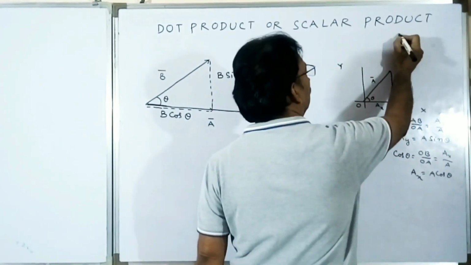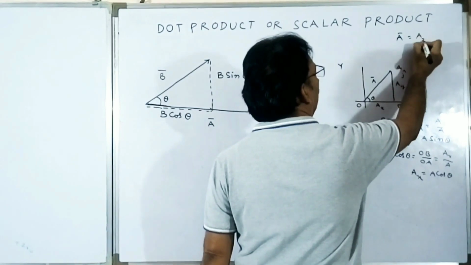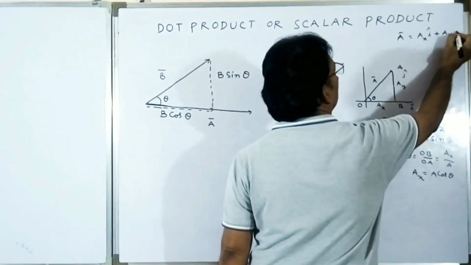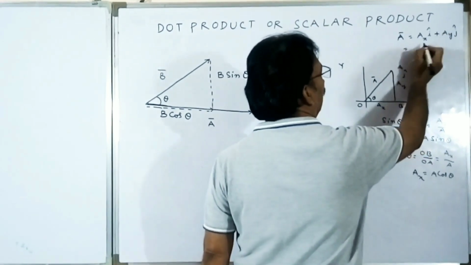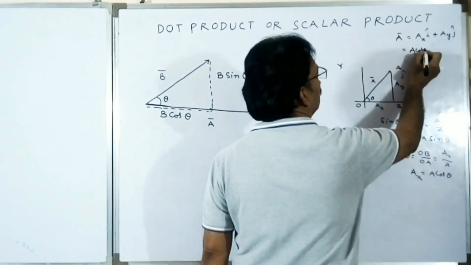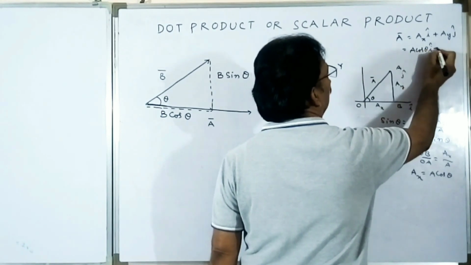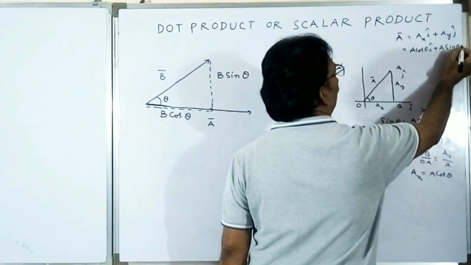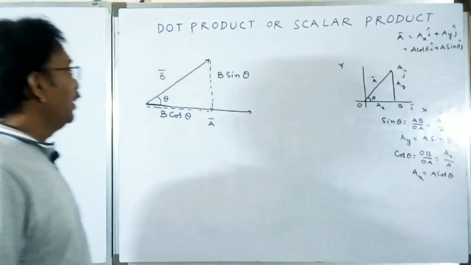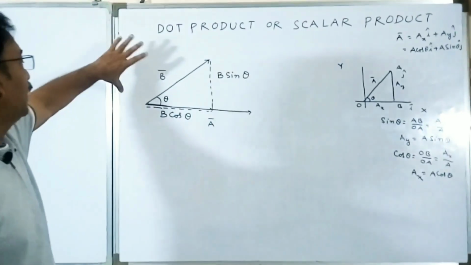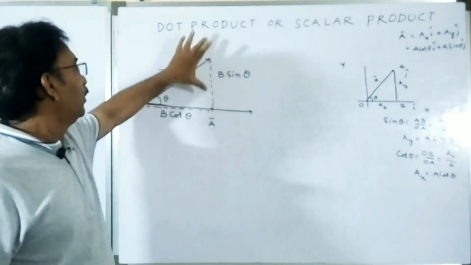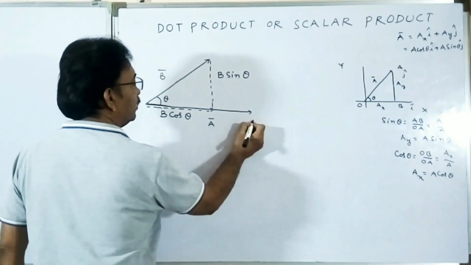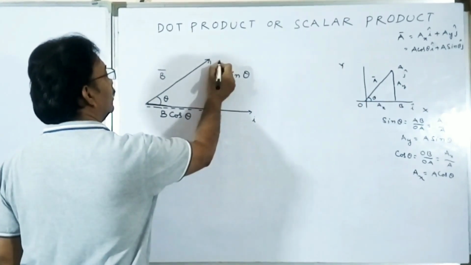That means A bar is equal to AX i cap plus AY j cap, or A bar is equal to A cos theta i cap plus A sine theta j cap. Remember this. We are doing the same here. We resolve this vector B bar into two components, B sine theta and B cos theta, with i cap and j cap.